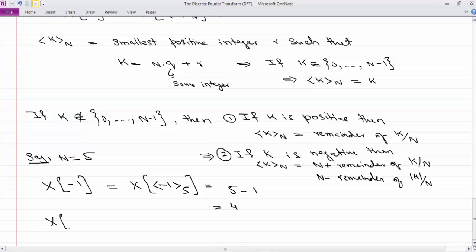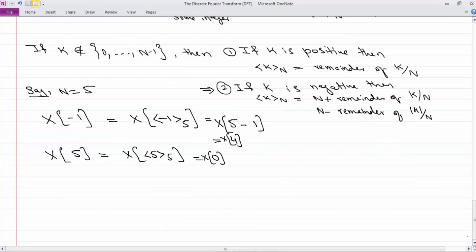Similarly, if I were to compute x of 5, that is x of 5 mod 5, the remainder of 5 divided by 5, which is 0. So what I mean to say here is x of minus 1 is x of 4, and x of 5 is x of 0. Okay. So this is periodic.